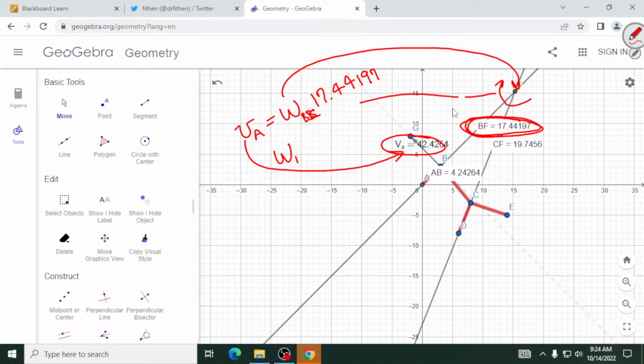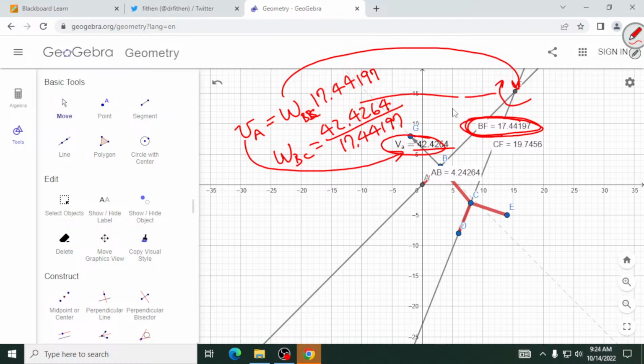So omega BC equals 42.4264 divided by that 17.44197.